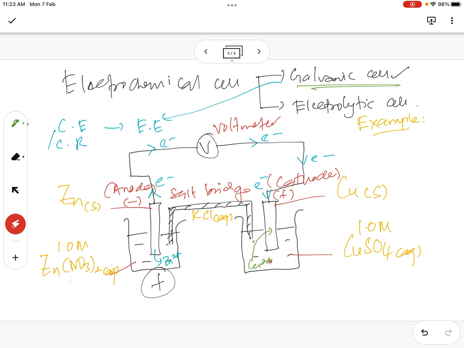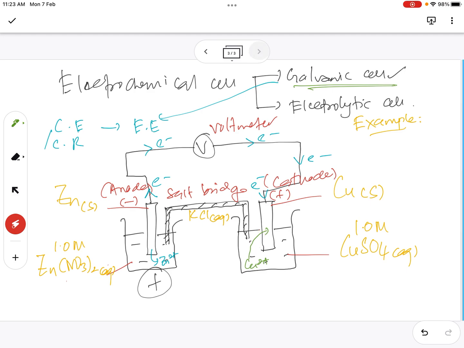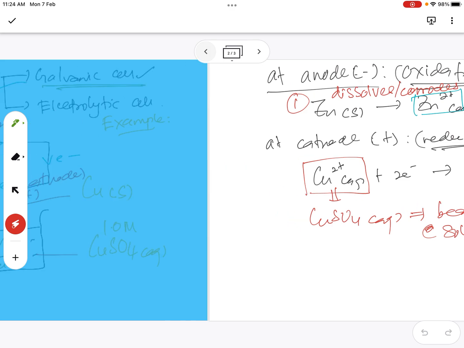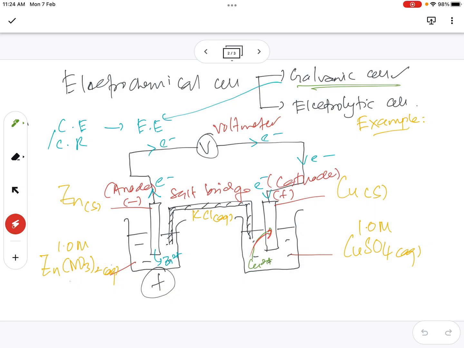Dia bukan masuk ke elektrod, kita tak kata masuk lah, masuk tu bahasa kasar lah. Kita kata Cu2+ reduce. Okay, reduce. Cu2+ reduction. So, Cu2+ daripada solution ini, dia akan reduce, maksudnya dia akan masuk ke elektrod ni.